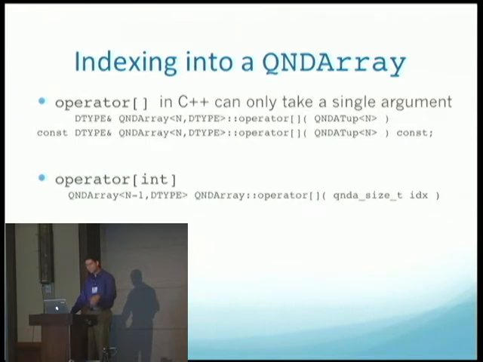But when you want to get another array, it gets a little bit messier. You can index into it with an integer, and that'll return, as you can see from the function declaration there, another array of dimension 1 smaller, same data type.